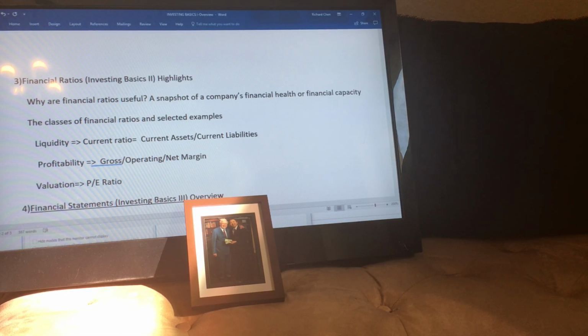So assets are basically what most people know as a future benefit to the company. Assets are obviously cash, notes payable, equipment, inventory, buildings, anything that can be of some benefit to the company. And obviously cash is the ultimate asset, right?